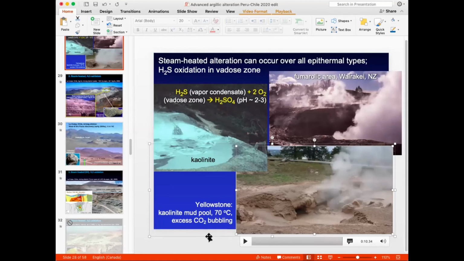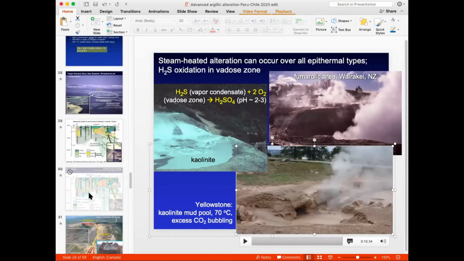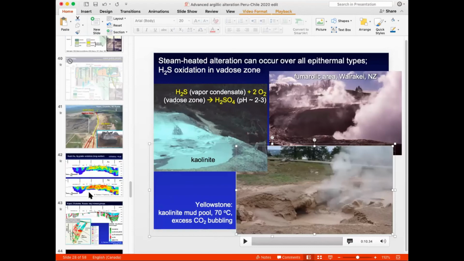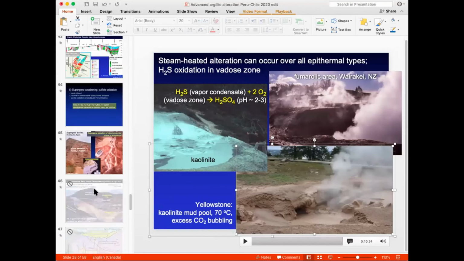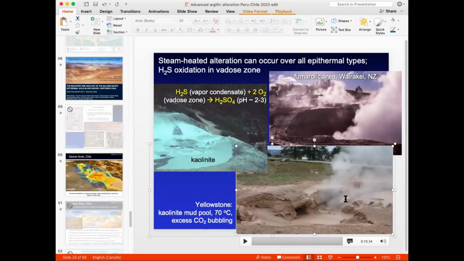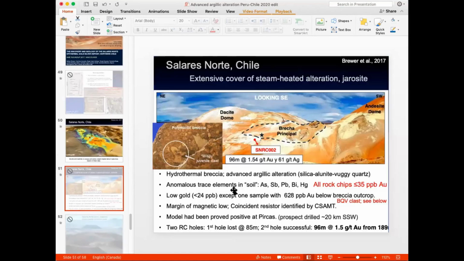At Salares Norte, about 600 talus fine samples were collected. I don't have the numbers, but within the talus fines, called here soils, there was less than 24 parts per billion gold in the samples.